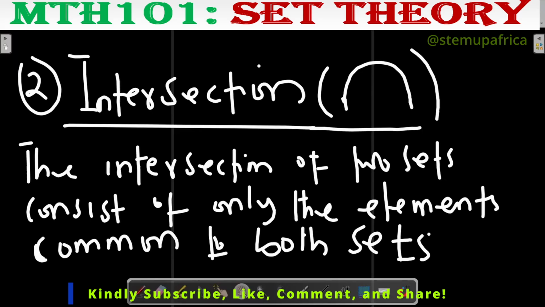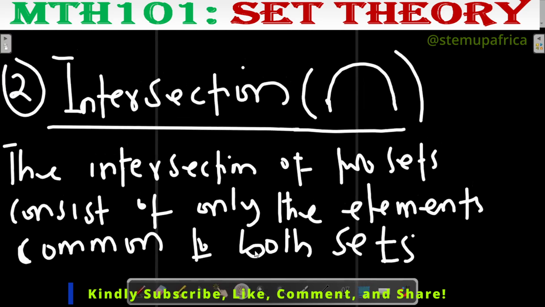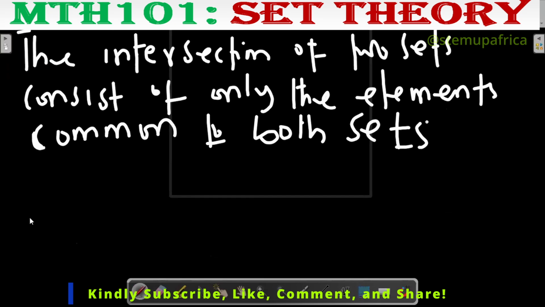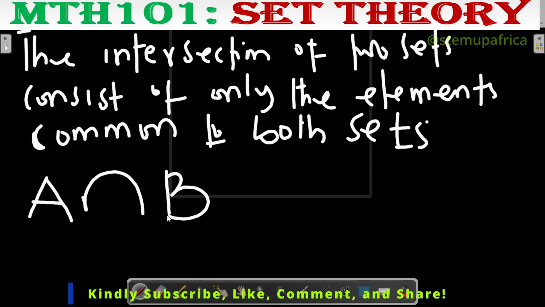So let's take, for instance, the symbol for intersection, a smooth N. If I write A and B, how will you pronounce this? What does the symbol represent? That symbol we just wrote is intersection.